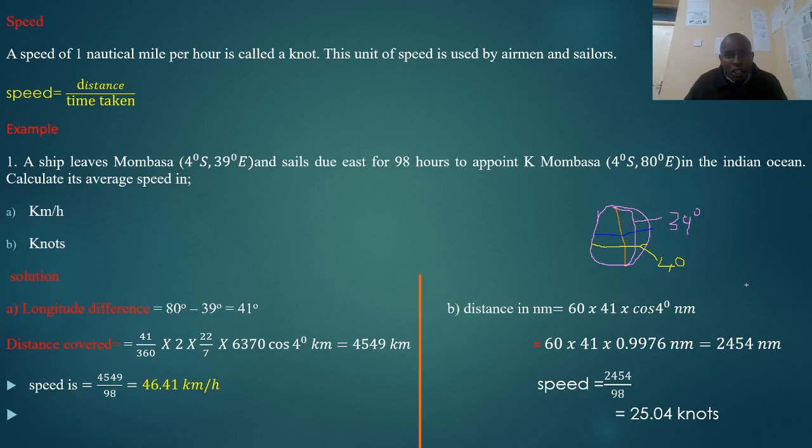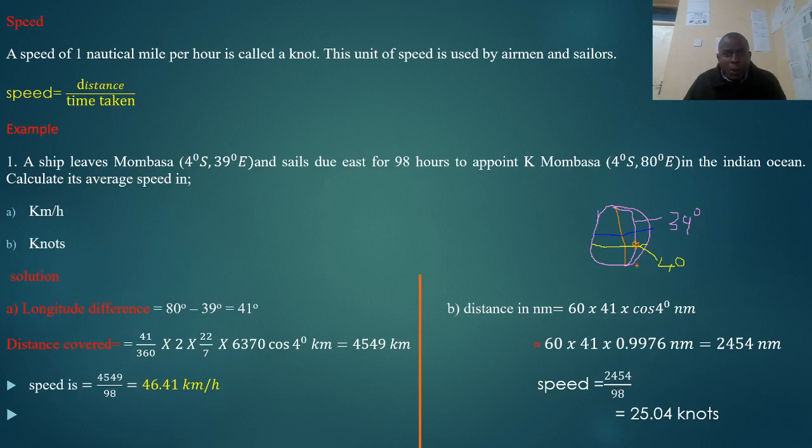So this is 39 degrees to the east and 4 degrees south. So we're talking about a point here. That's where the point is.